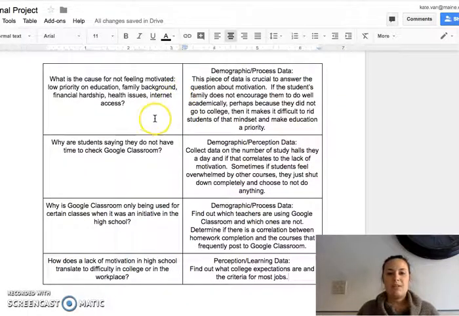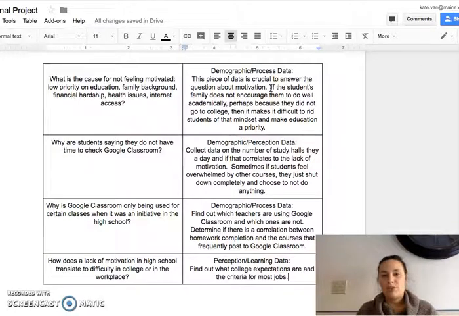And then the next one is, what is the cause for not feeling motivated? Is there some sort of demographic piece, such as someone in your family hasn't graduated, financial hardships, health, do they not have internet access? And that means feeling motivated in general, but also feeling motivated to get their homework done. And that also ties into the process data, because we know what this could look like if it's fully implemented. If we focused on this problem, now we're focusing on lack of motivation and accessing Google Classroom.